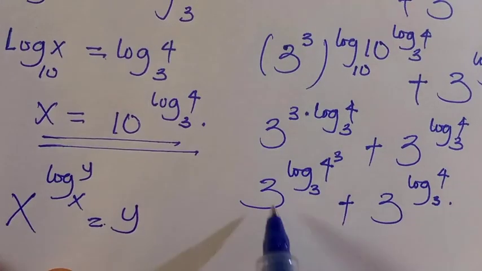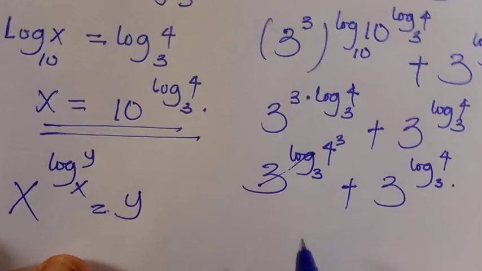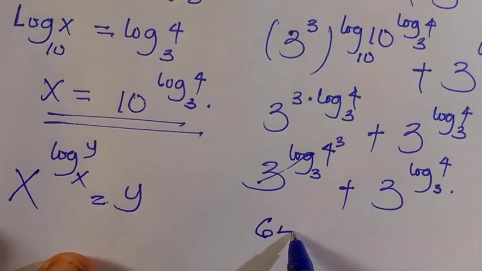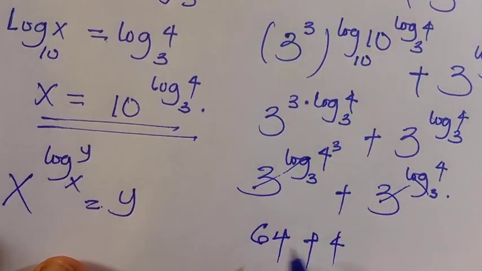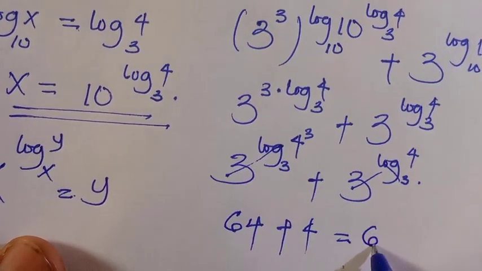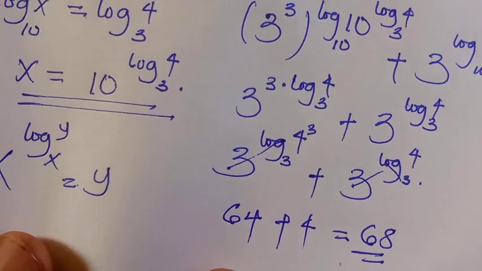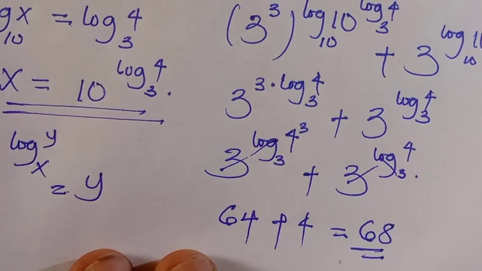So here we have the base of 3, which cancels, and we have 4 to the power of 3. So 4 to the power of 3 here is 64, plus, again this cancels, so we have 4. So 64 plus 4 equals 68. This means the left hand side of this equation equals the right hand side. And as usual, we are done.